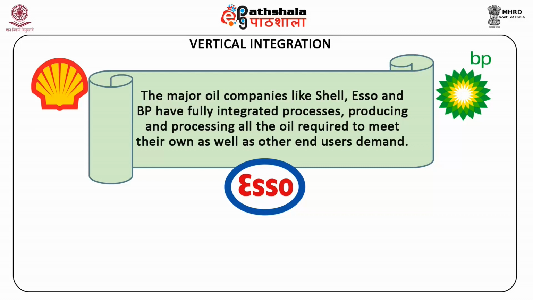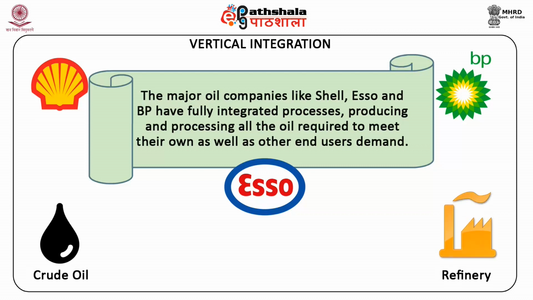Different degrees of integration are prevalent in the industry, as some of the oil firms may only own crude oil and refineries and buy facilities for transport such as pipelines or tankers to move their crude oil. Others may only own a refinery and a petrochemical plant, therefore making a lateral move into another vertical chain.